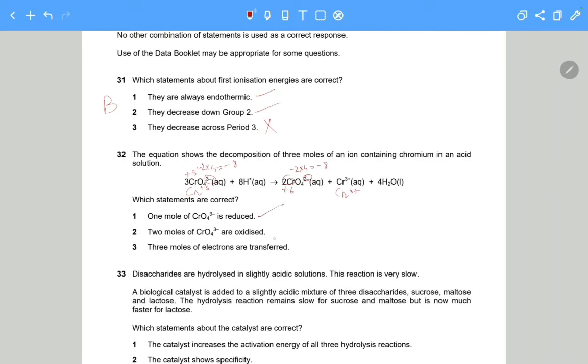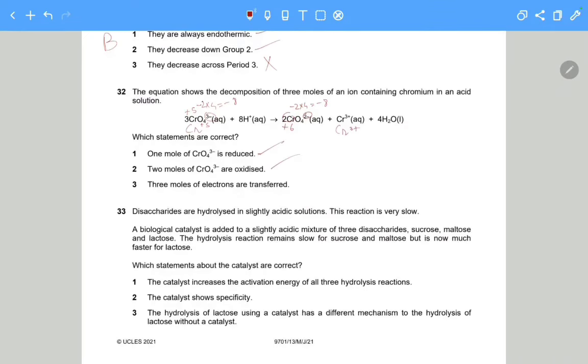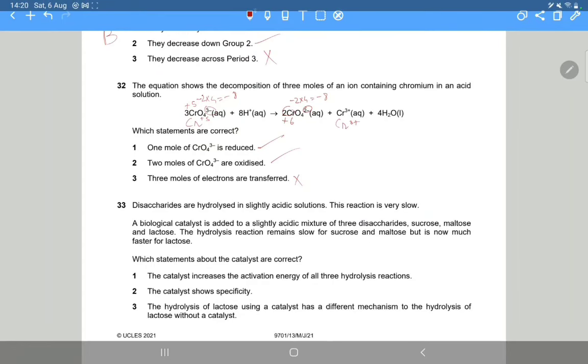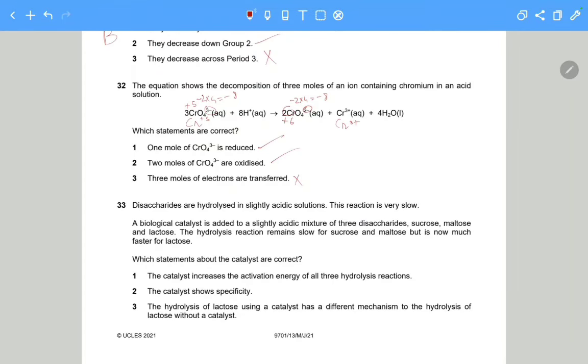So 1 mole of chromium is reduced, correct. 2 moles of chromium is oxidized, correct. 3 moles of electrons are transferred. That is wrong, because we have 2 moles from the oxidation and 2 from the reduction. So therefore the correct answer is B.